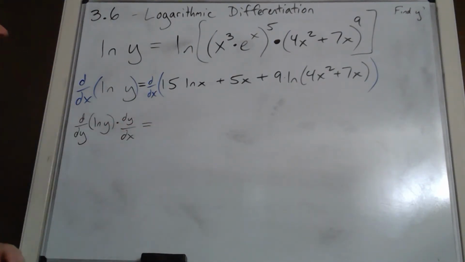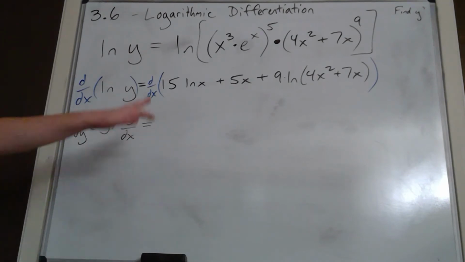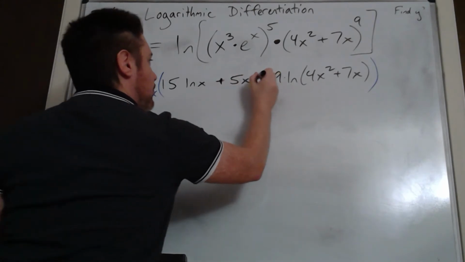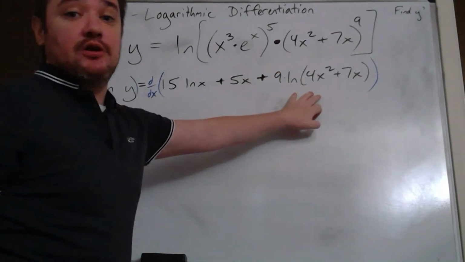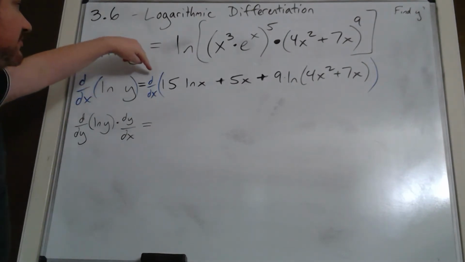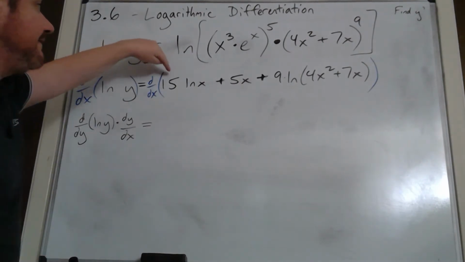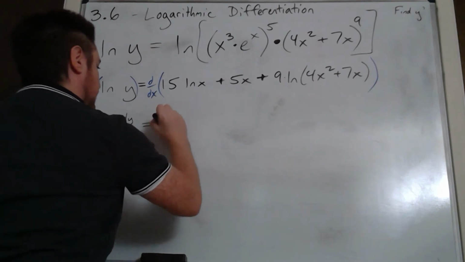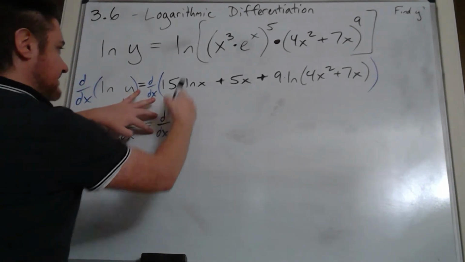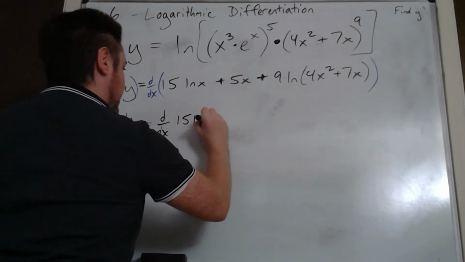On the right-hand side, let's see what we've got. First of all, I'm taking the derivative across plus signs. We know I just go term by term, right? So rather than rewrite everything, let me just go ahead. I'm doing the derivative with respect to x of 15 natural log of x, right?